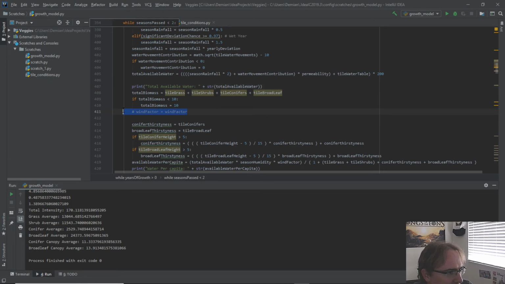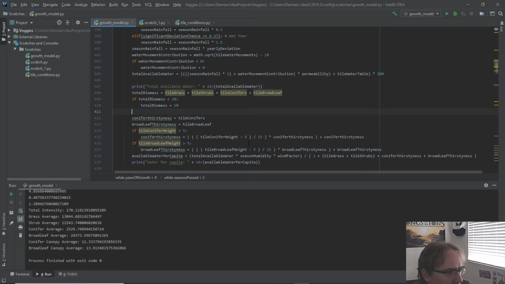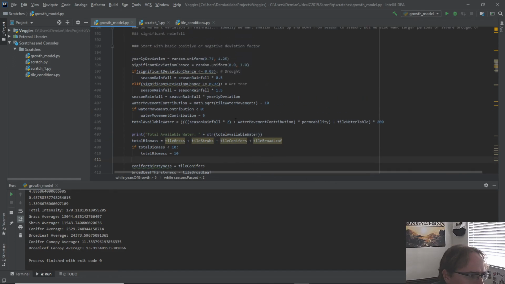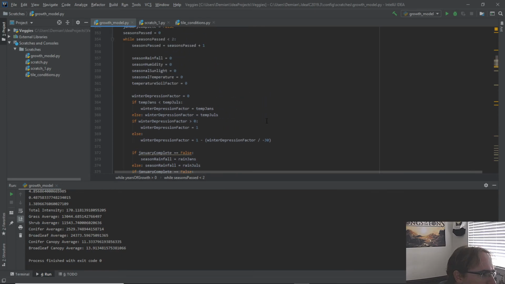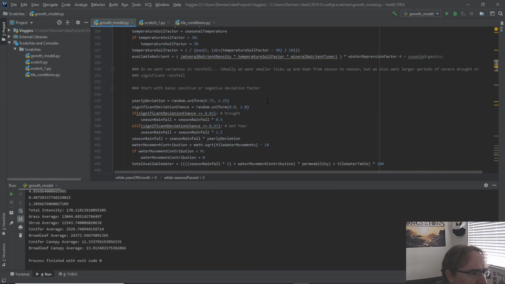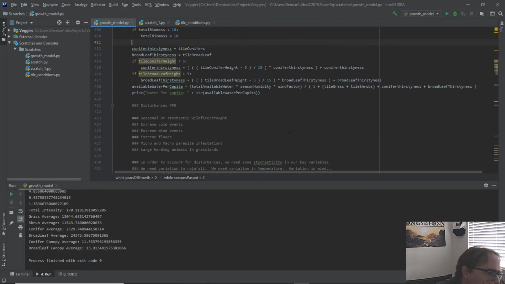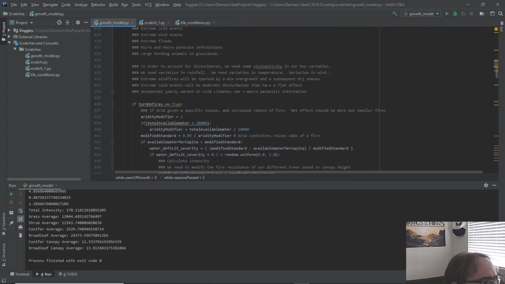Okay. So where do we put it? We should just have the grazers act as a disturbance. Ideally, though, after we check for fire, so turn on fires.